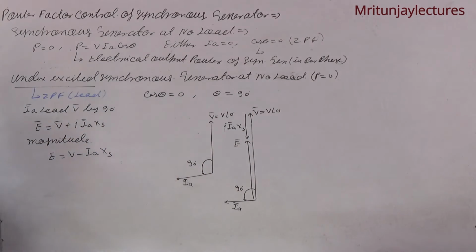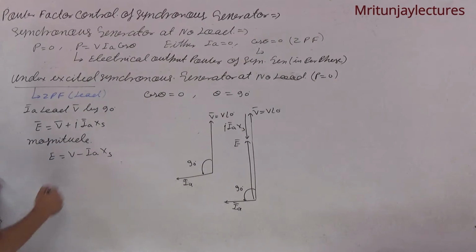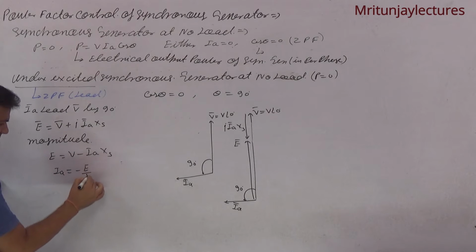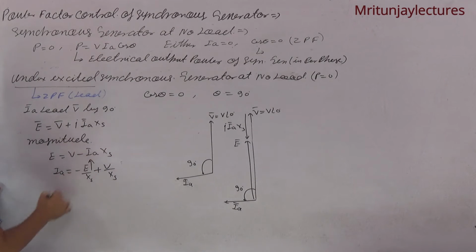So I A is written as E divided by X S minus V divided by X S. Okay, if E increases, then what about I A? I A decreases. So you can say that E increases, I A decreases linearly.